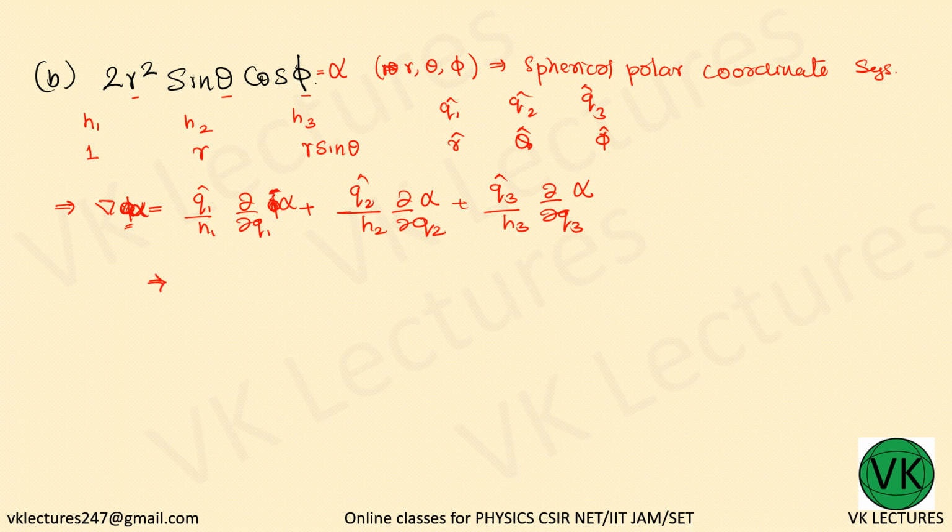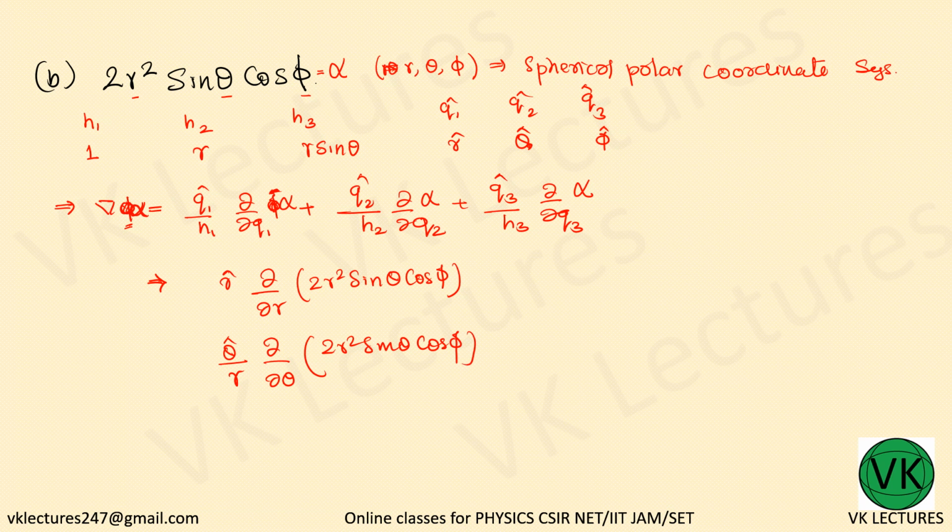So now what you can say, q1 cap, that is r cap dou by dou r of 2r square sin theta cos phi. Then q2 cap, that is theta cap by h2, what is h2? r, dou by dou theta into 2r square sin theta cos phi.